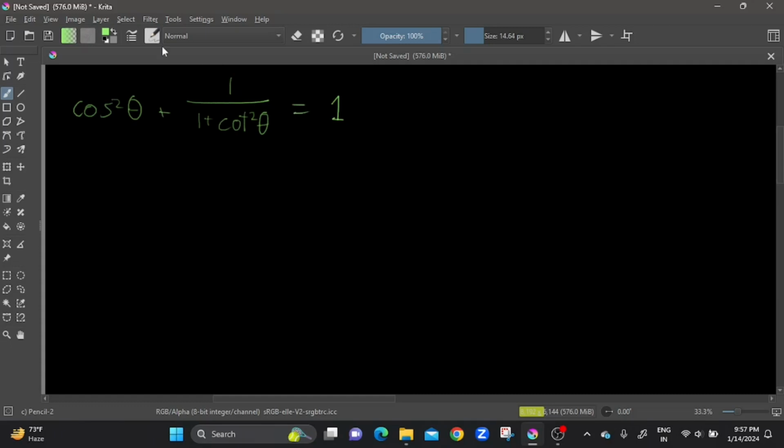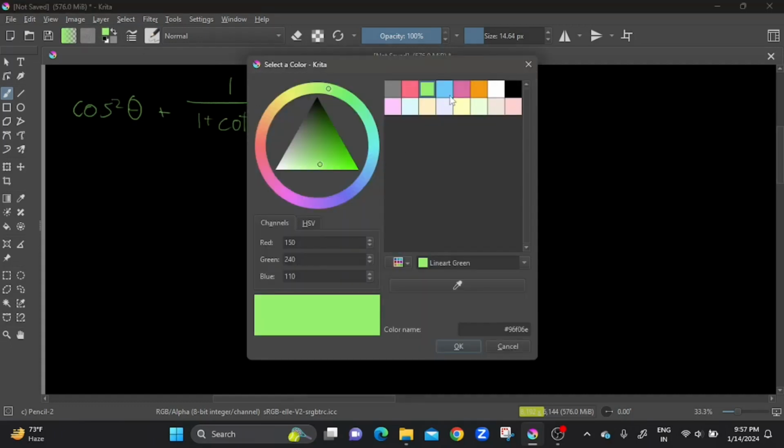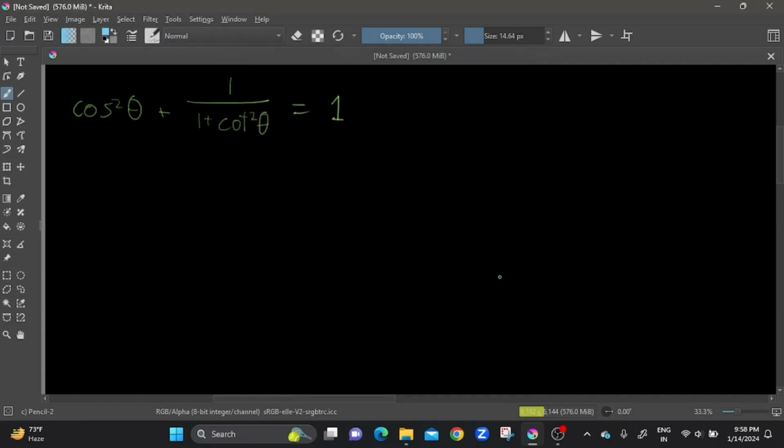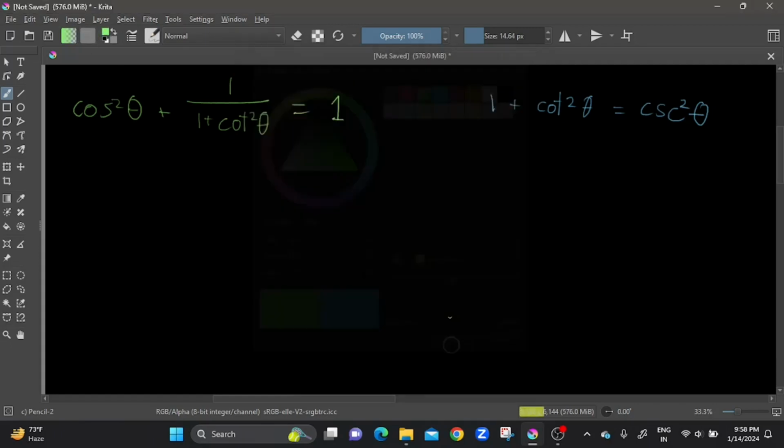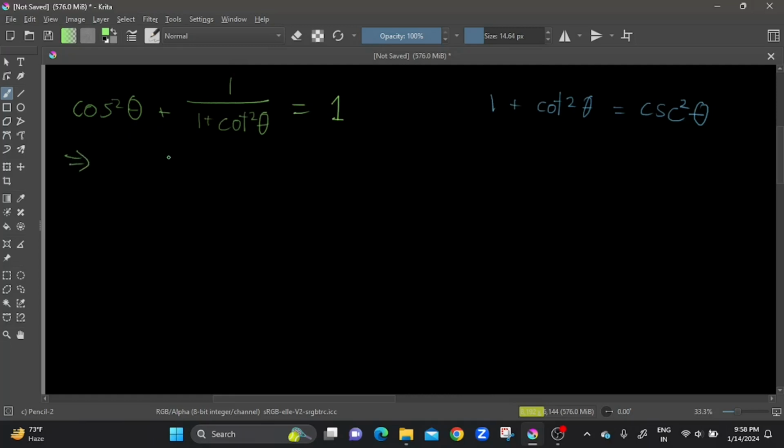So we'll be using the identity that 1 plus cot square theta is equal to cosec square theta. This is one of the basic trigonometric identities. The proofs are pretty trivial, you can do them yourself, but mostly we just apply them, right?